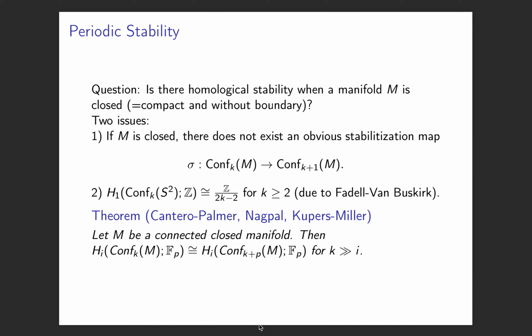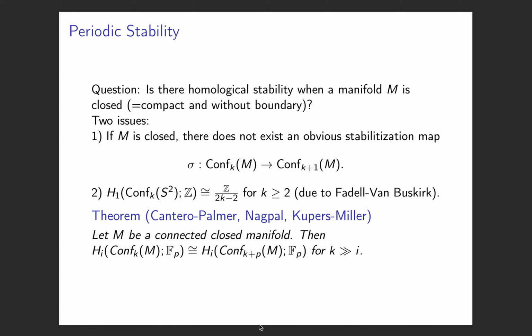So you might think that we can't have any hope here for some sort of homological stability, but if you squint at this example, you realize you won't have homological stability, but you will have some sort of periodic stability, in that if you looked at homology over the field F_p, you wouldn't have that the first homology of Conf_k(S^2) is isomorphic to the first homology of the configuration space of k plus 1 points on S^2.